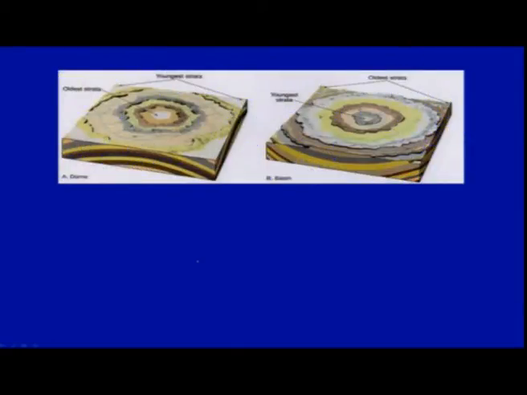Again, these are a few very important structures related to the anticline and syncline. If you have anticline structures here and they are eroded on the surface, then you see the drainages flowing away from the center.